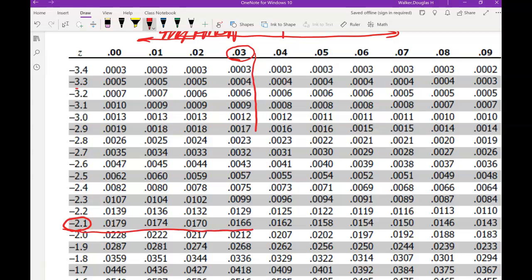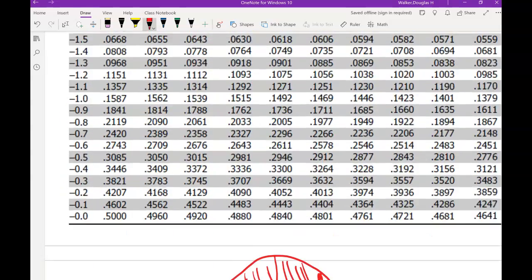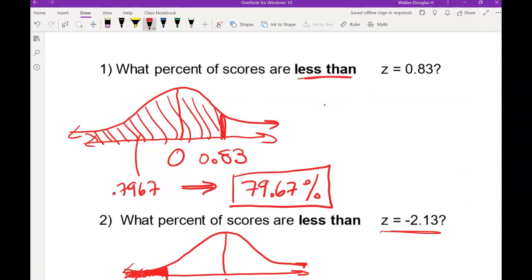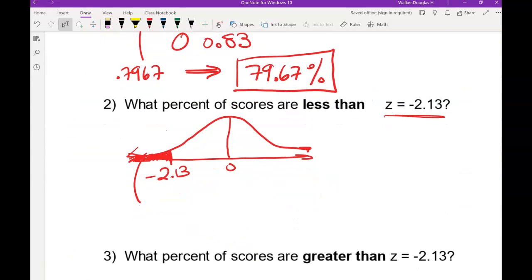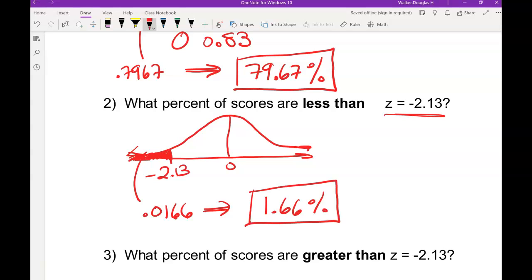So negative 2.13 gives me 0.0166. So 0.0166. So scroll back down. 0.0166 is what my table tells me, which as a percent is 1.66%. So there aren't too many values less than a z-score of negative 2.13.